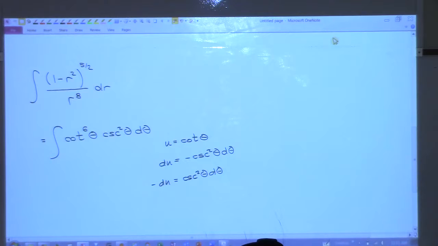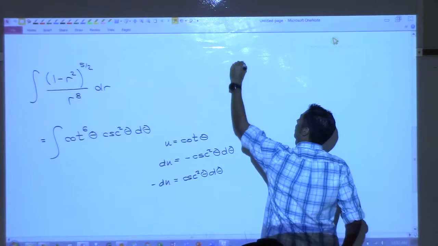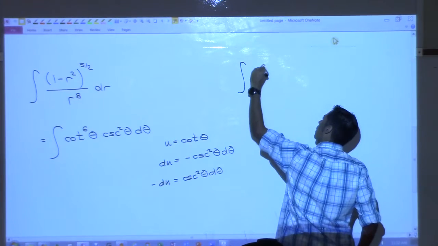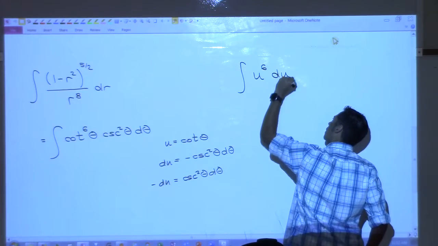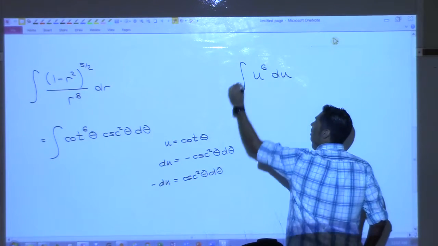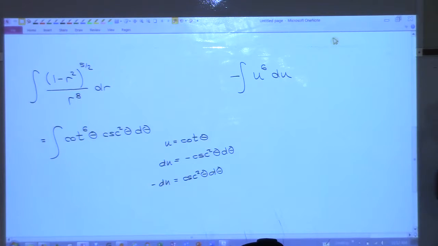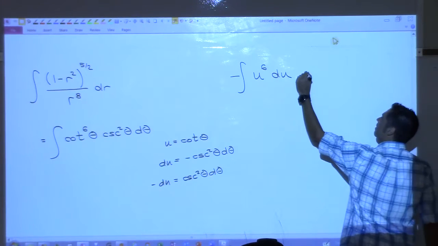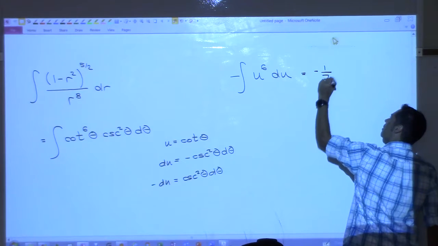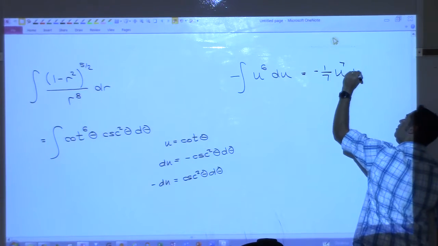Yes, sir. So then you would rewrite it as u to the 6th power du, and then we need the negative. Negative, right? So let's just throw that out there. Yeah, you got it. That's awesome. Negative 1/7 u to the 7th plus c, right?